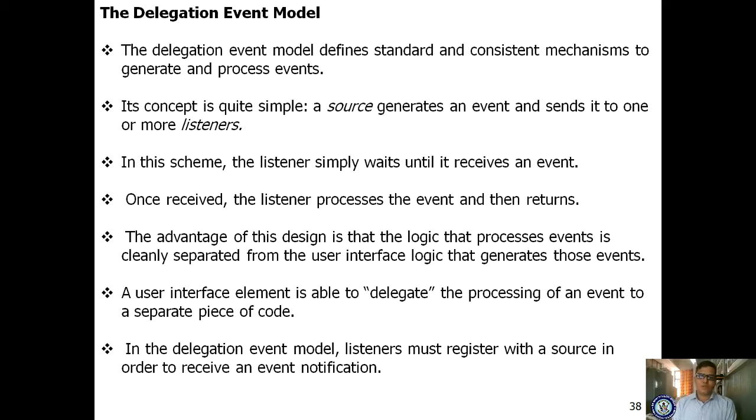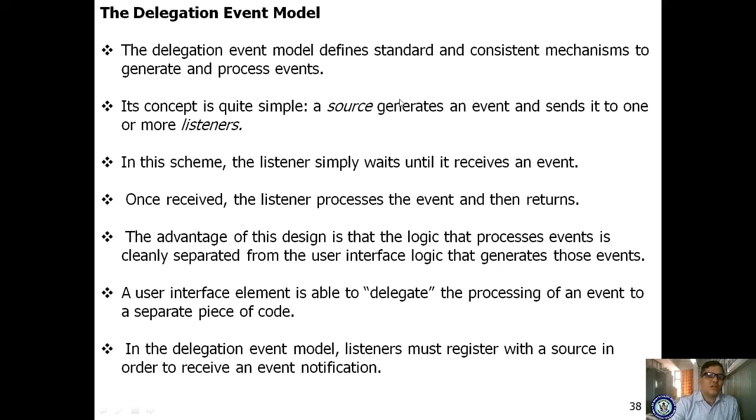As we have seen, a user interface element is able to delegate the processing of an event to a separate piece of code. Please observe the two terms here: a source and a listener. The source is waiting for user interaction.